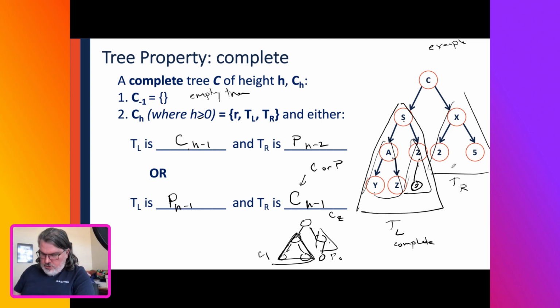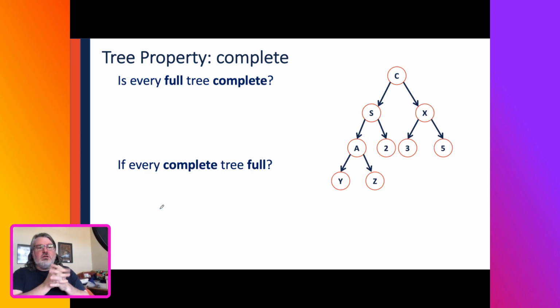Yes. I just drew one. Here is, in fact, the smallest tree I can come up with that is complete and not full. In fact, hence our question that we were coming up to. You've run ahead. Is every full tree complete?